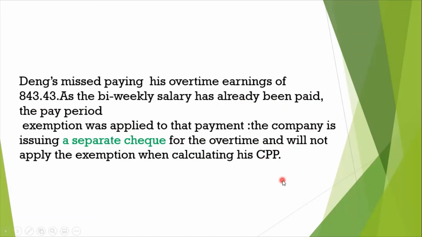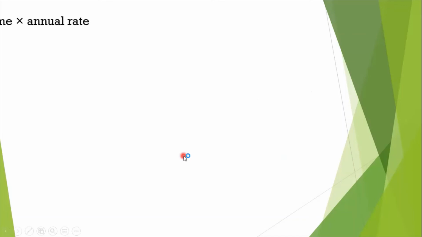So this CPP applies to this 843.43. Because we are doing the CPP, it means this employee is outside Quebec, and we are doing the example of someone who is receiving overtime money on a separate paycheck. So let's see how that one goes.